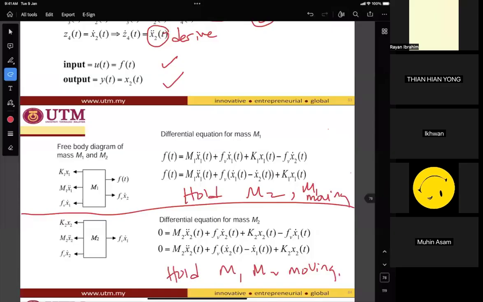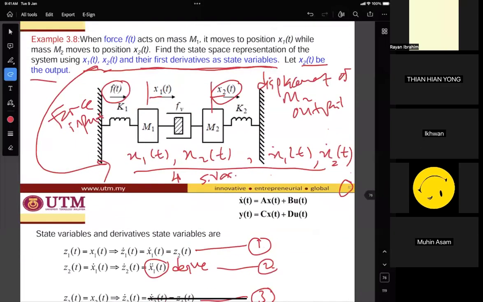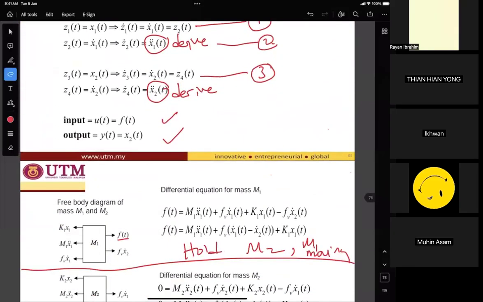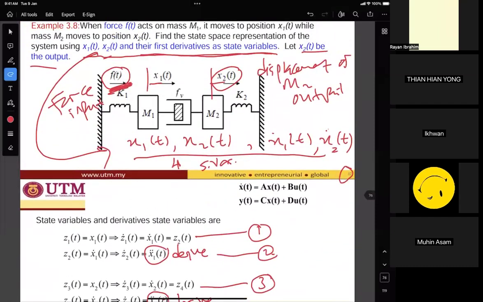The forces involved on M1 are shown here. So F(t) is the force to the right, as mentioned. As you can see, between M1 and M2 there is a damper connected.